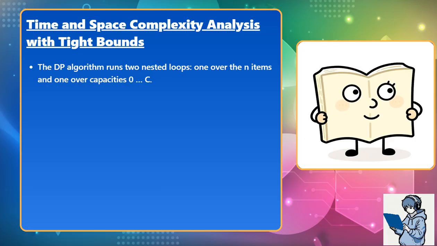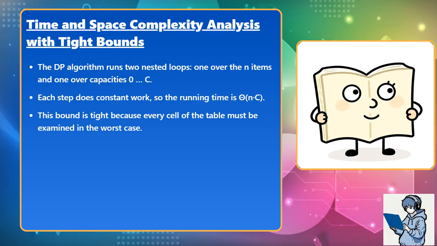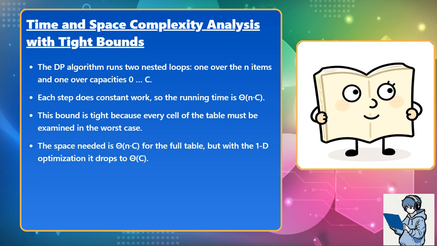The DP algorithm runs two nested loops, one over the n items and one over capacities 0 to c. Each step does constant work, so the running time is theta of n times c. This bound is tight because every cell of the table must be examined in the worst case. The space needed is theta of n times c for the full table, but with the one-dimensional optimization, it drops to theta of c.